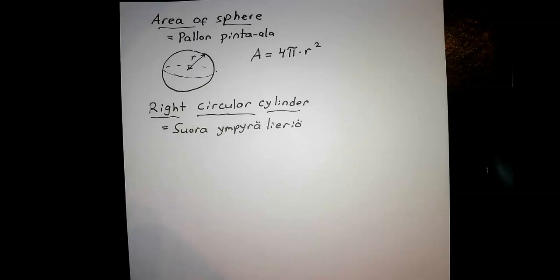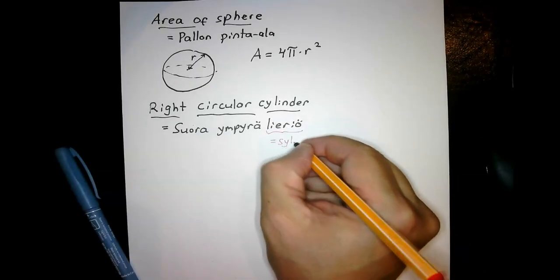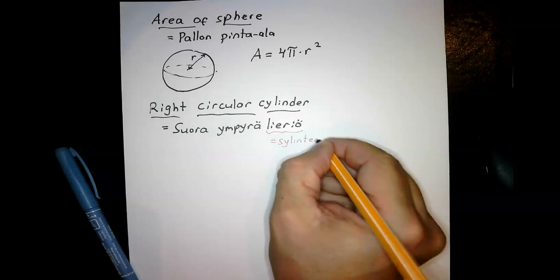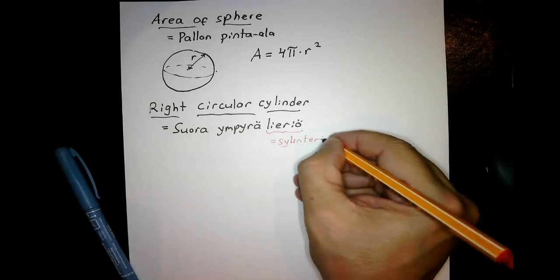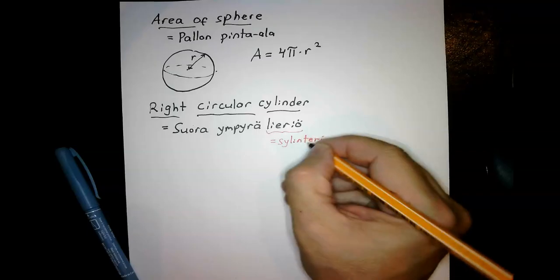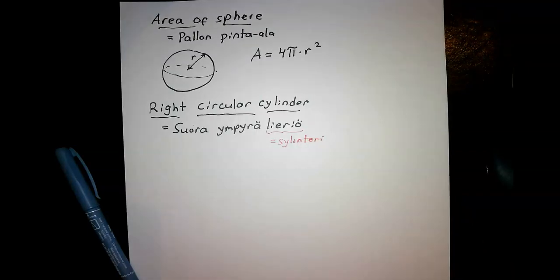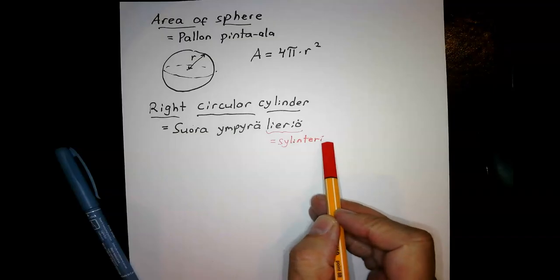In Finnish, we may also say cylinderi. So it is almost the same name as in English. Cylinderi. And again, there is this I letter at the end of the word.